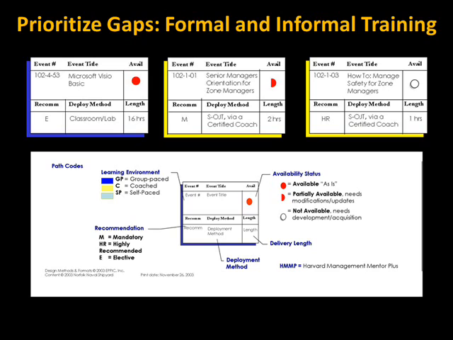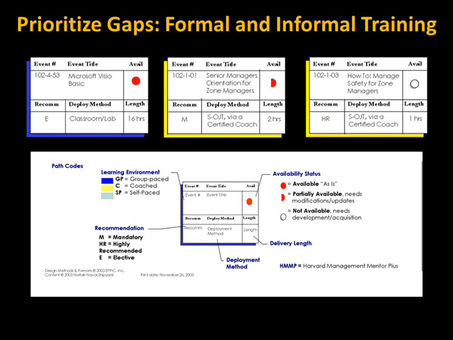And we also know things about each of these 3 events. The first one would have been an elective, and it's a classroom lab of 16 hours. We've already got that, so we know that. But it's an elective. Nobody really has to take that, but if you need it, you need it. The next one is mandatory, and it would be structured on the job via a certified coach, not just any coach, but a certified designated coach would have to deliver this one, and it's approximately 2 hours in length once we put it together.